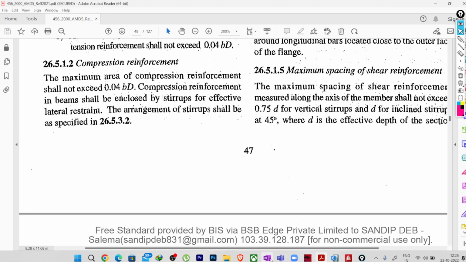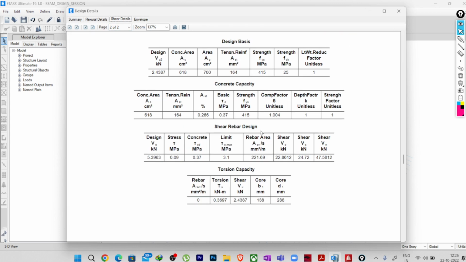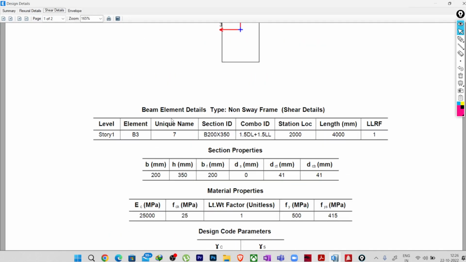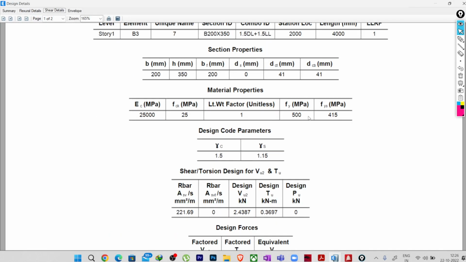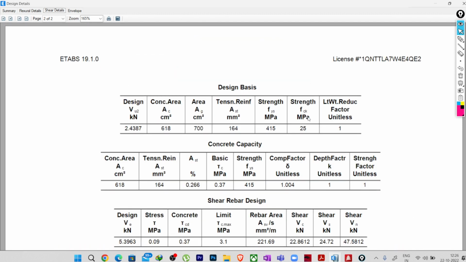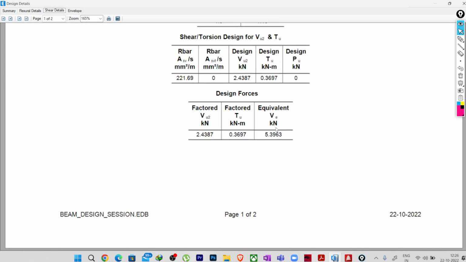Okay. So if I just jump into ETABS and show you the shear design. As in the previous one, all this information is given about the dimensions, the grade of steel and concrete. Now here you can see the design forces VU, T and TU. Here also there is some concept of equivalent shear due to the torsion.